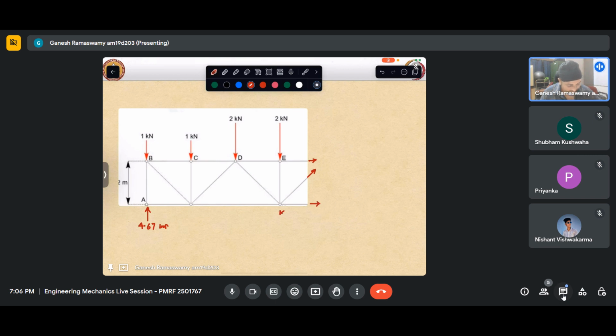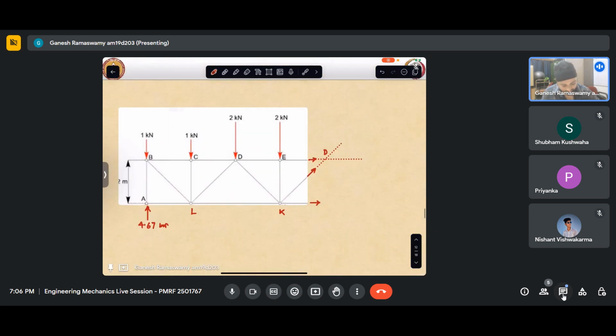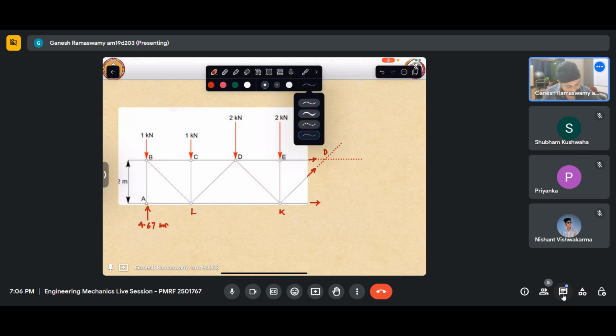This is K, this is L. Another point is that if I extend these two members, I'll get this joint as joint D, and this goes on. So it's like this.